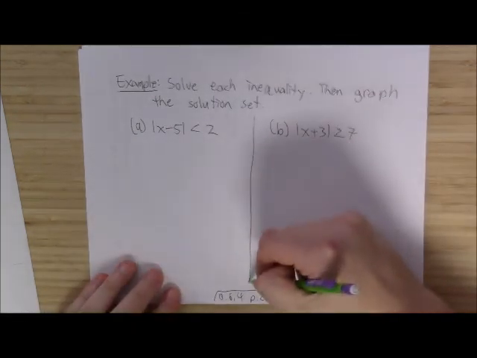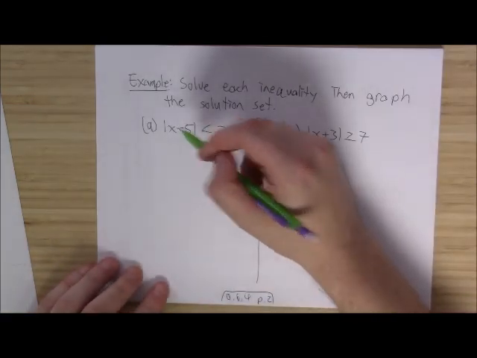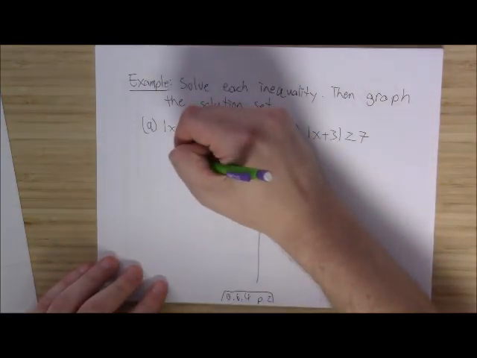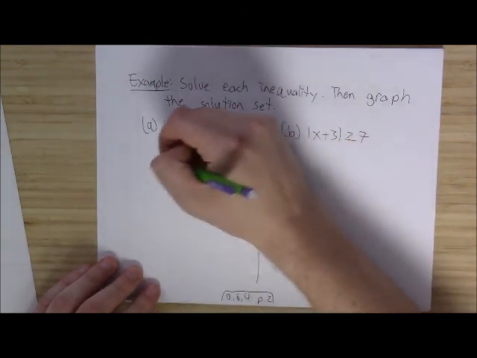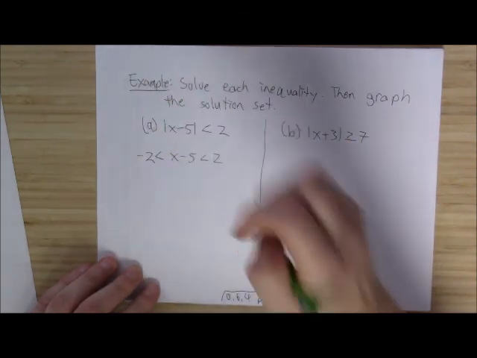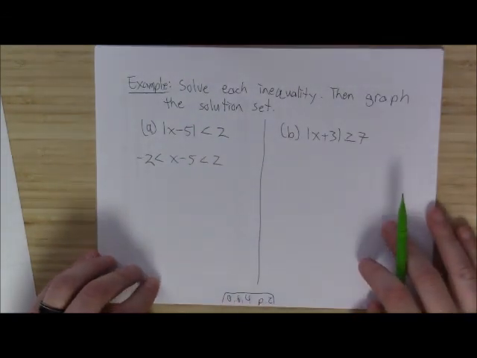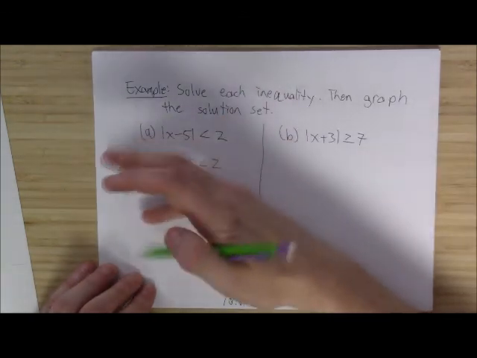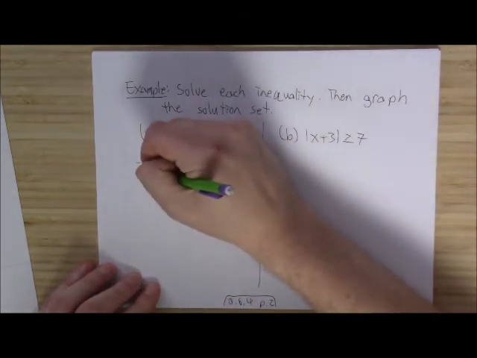So let me go ahead and have this. And so, what does this look like? Well, here, breaking this one up, we have that x minus 5 would be either less than 2 or greater than negative 2. Now we just go through and solve this like we did any other double inequality. So add 5 to all sides.